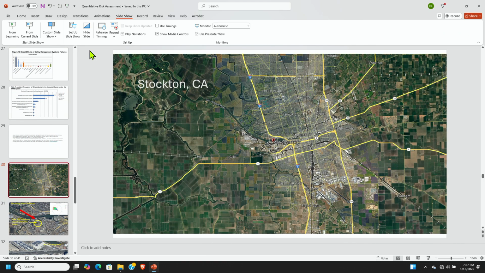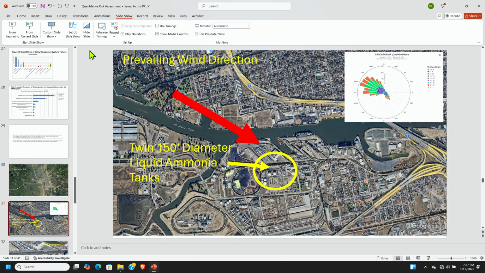Here's Stockton. Stockton is on a river. The river is navigable to open waters through the San Francisco Bay, and the port is just north of that yellow circle, one of the unloading areas for ships.